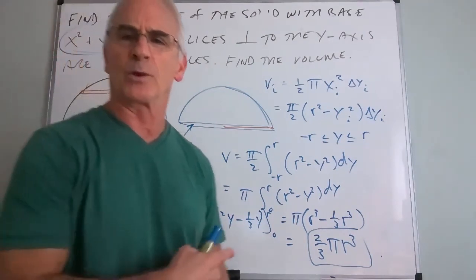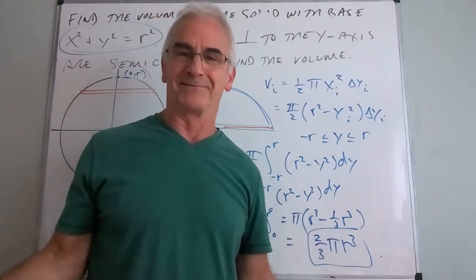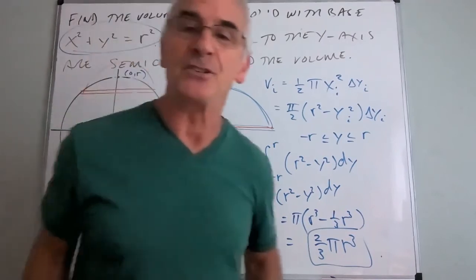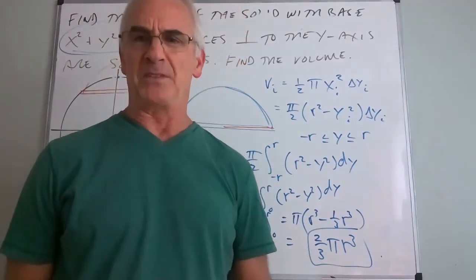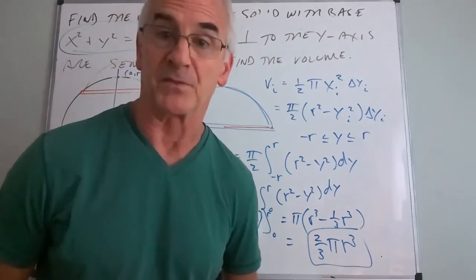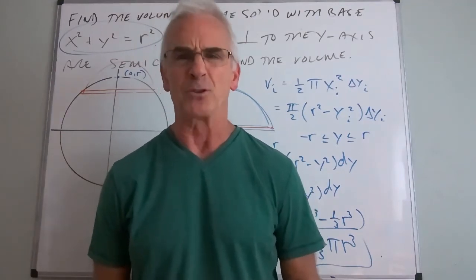But the ancient Greeks knew these things. If the ancient Greeks knew these in the 4th century BC, they knew pi. They knew the area of a circle and the volume of a sphere and all this. Calculus was invented in the 17th century AD, about 2,000 years later.